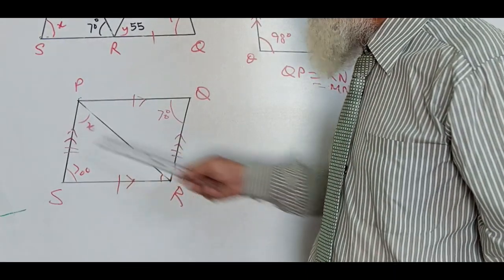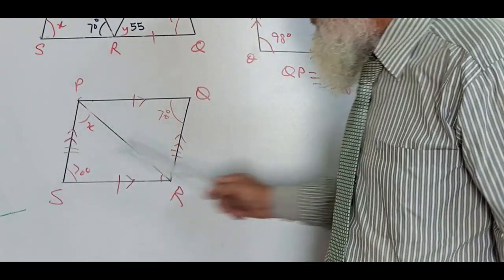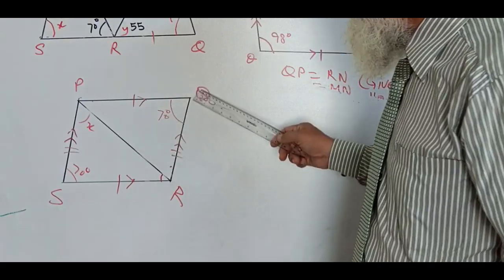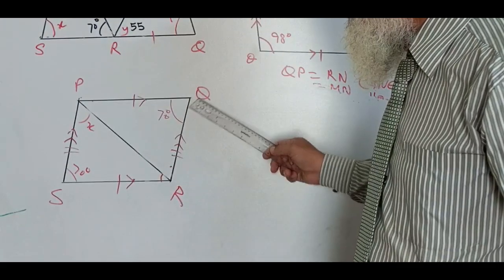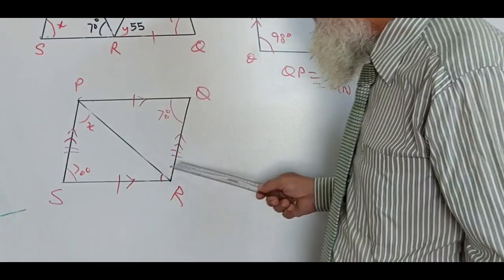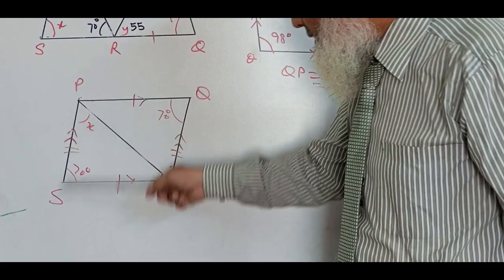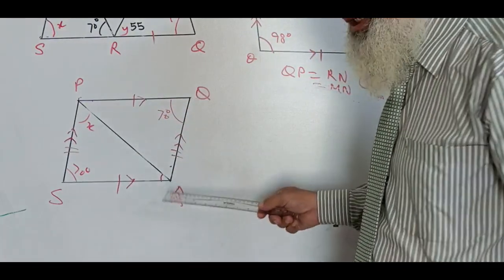That means this line is parallel to this line. PS is parallel to QR, and also these two short lines mean that PS is equal in length with QR.